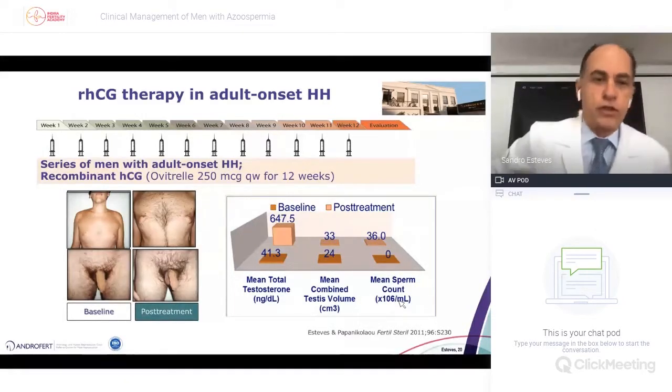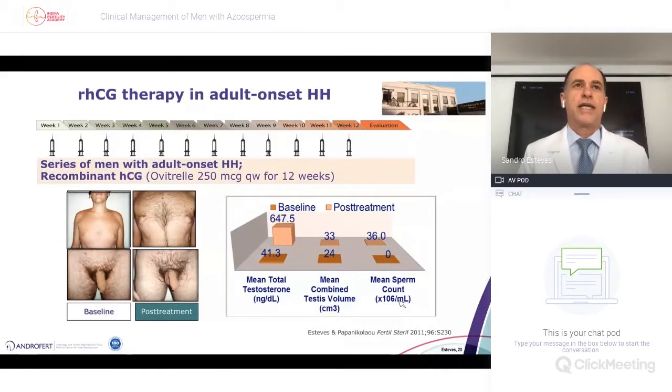So we prefer to use recombinant HCG because we can give the patient an injection per week, or we can split the dose twice a week. We can titrate the amount of HCG to achieve testosterone levels around 600 to 800 nanograms per deciliter, and then follow up the patients with hormonal measurements and semen analysis until we have enough sperm for conception.